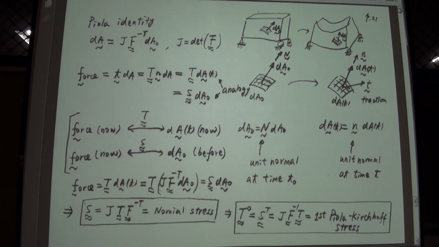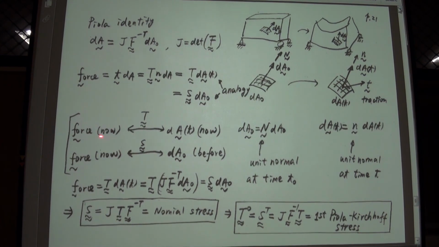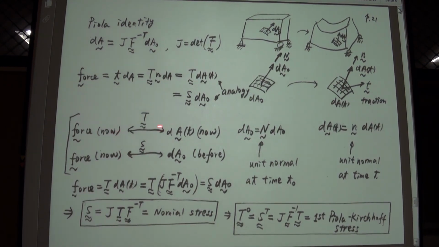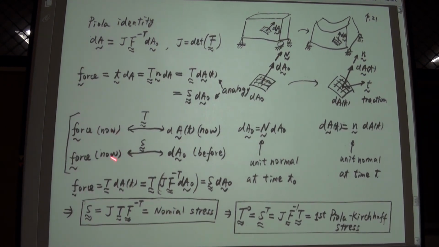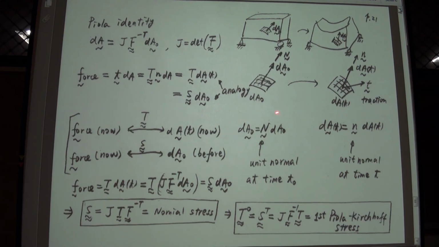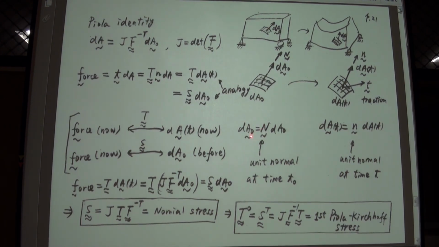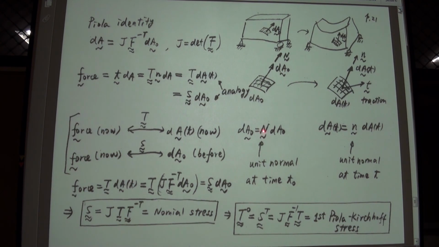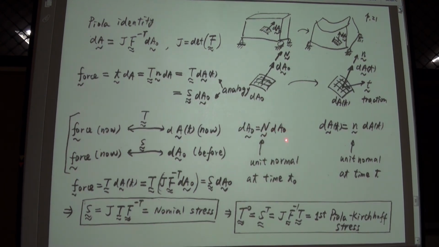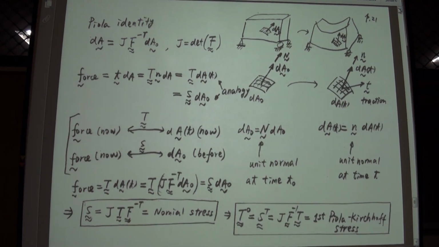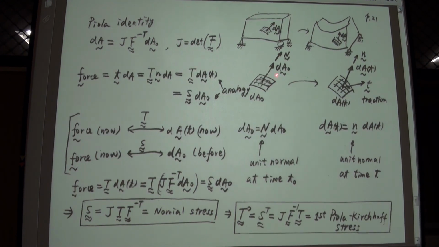We had already explained this viewpoint before. And what else? We want to express dA in terms of n dA0. This is the definition of the dA vector here.